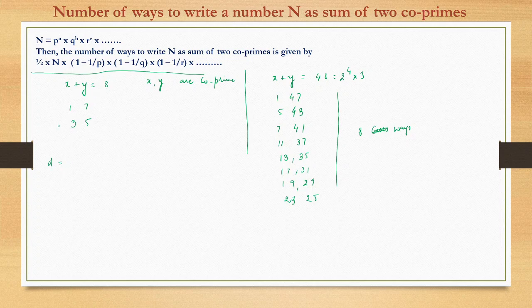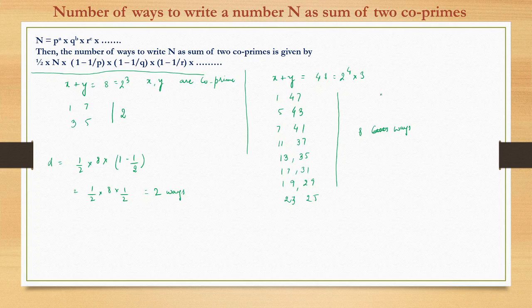That is nothing but half into the number itself, which is 8, into 1 minus 1 by, here it is nothing but 2 raised to power 3, right? So 1 minus 1 upon the prime factor, which is 2. So this becomes 1 by 2 into 8 into 1 by 2. So that is 2. And here also we had got 2 ways. So 2 ways we will get.